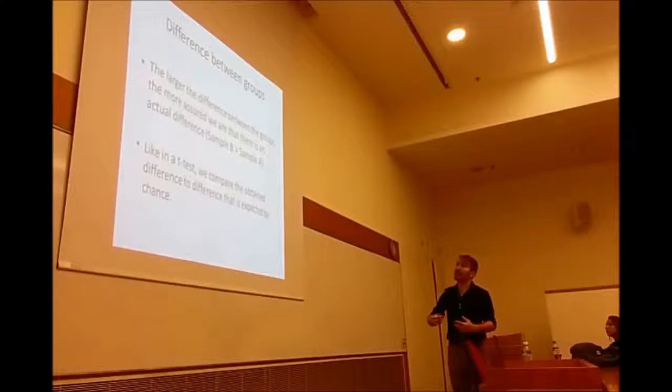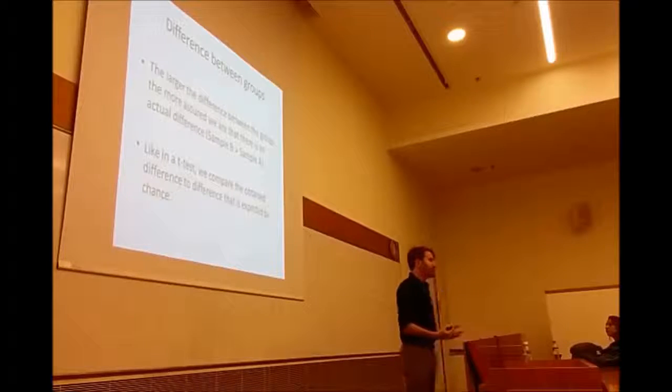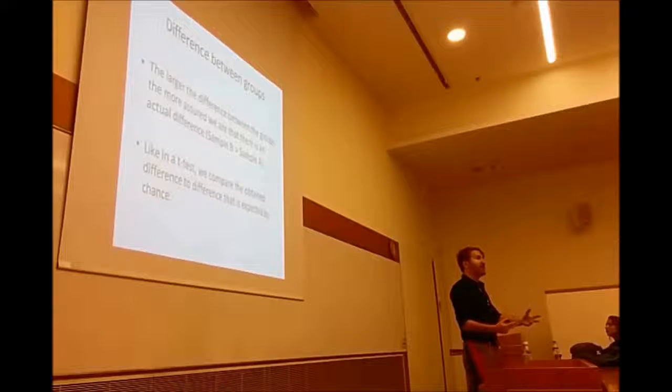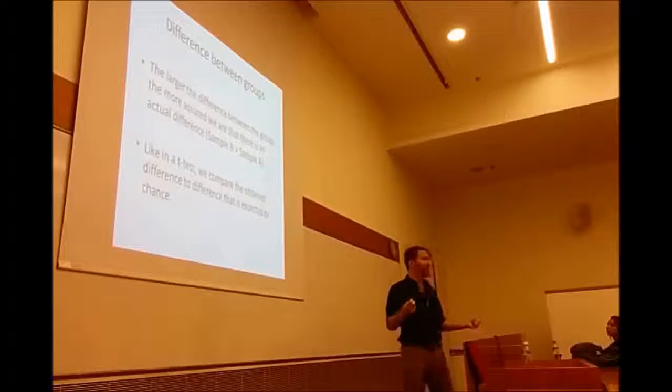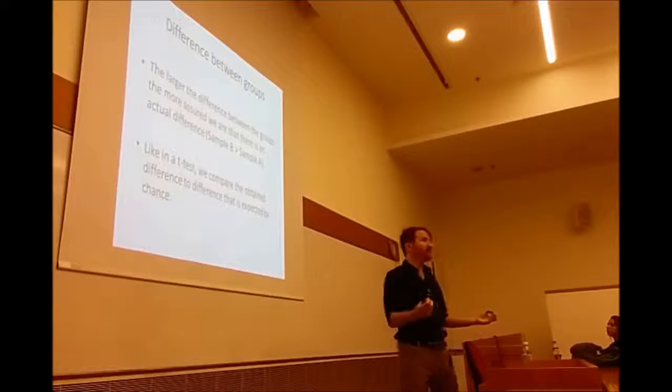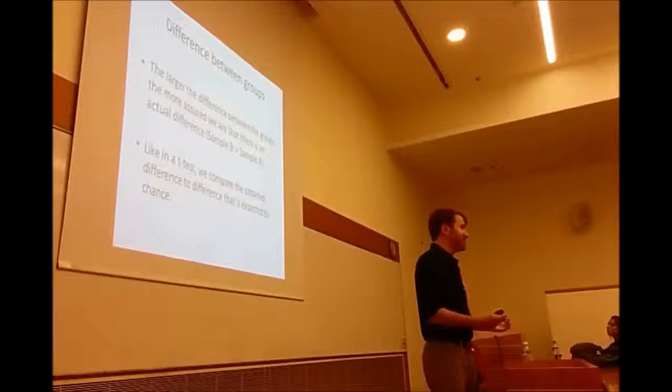So the larger the difference between the groups, the more assured we are that there is an actual difference. Right? That's, for example, the example of the NBA players versus regular people. It's very clear to us that NBA players are different from the regular population, right?